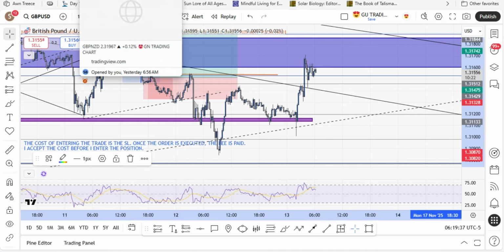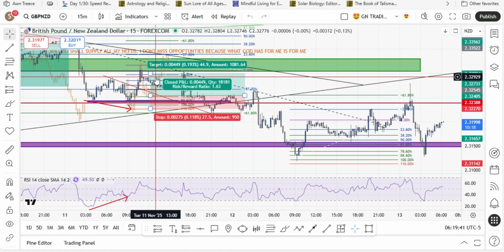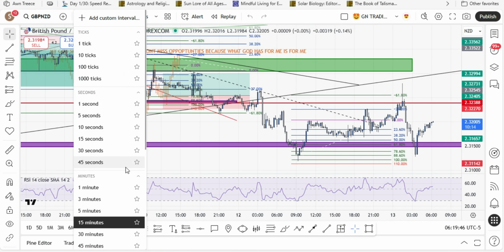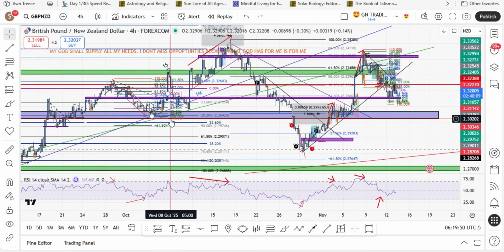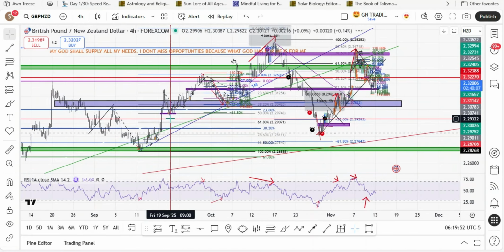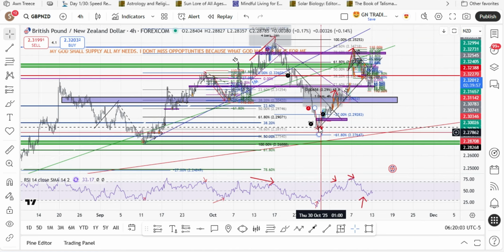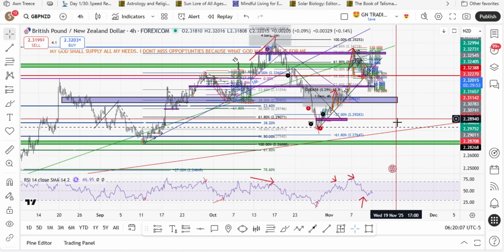So moving on to GN. Let's go to the 4 hours. Okay, 4 hours. Post correction continuation. And post correction from what it looks like.